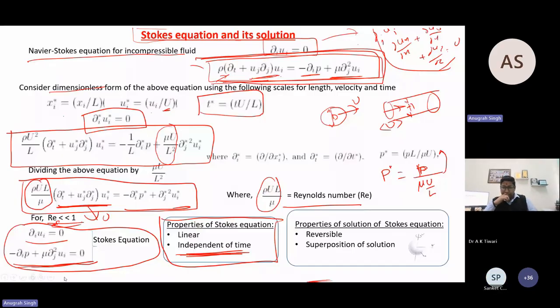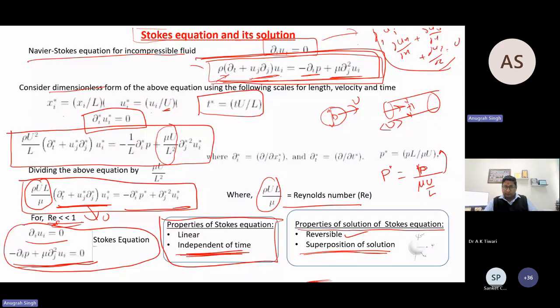And the consequence of that is that the Stokes equation also has certain properties: it is reversible and allows superposition. Reversible here means velocity will be related to force. So if you reverse the force, the velocity will reverse and vice versa. Because of that, you can have superposition of solutions. That means if x1, x2 are two solutions, then lambda x1 plus lambda x2 is also a solution.